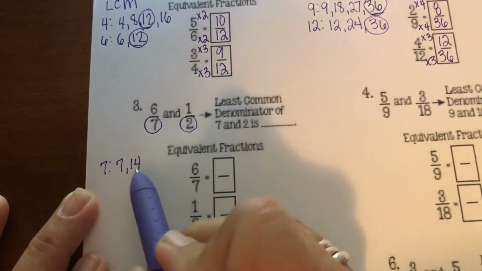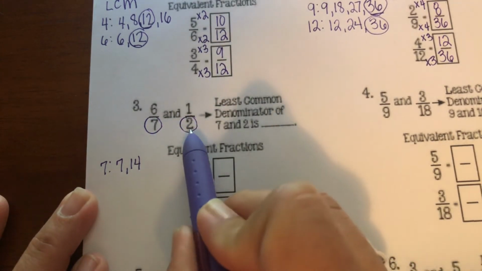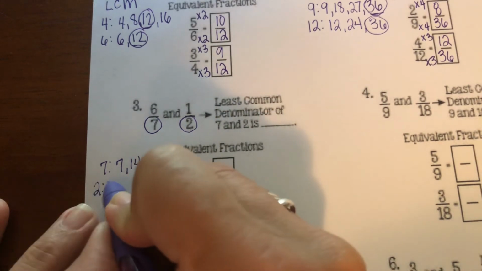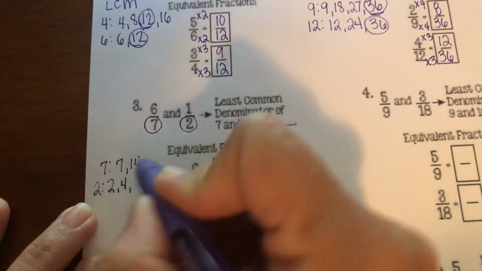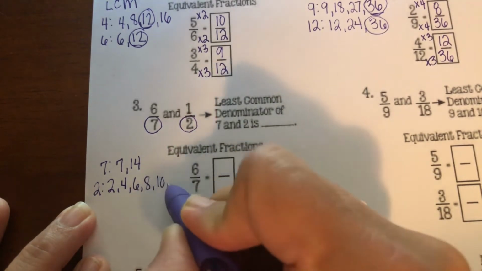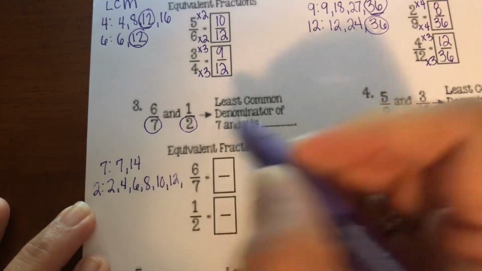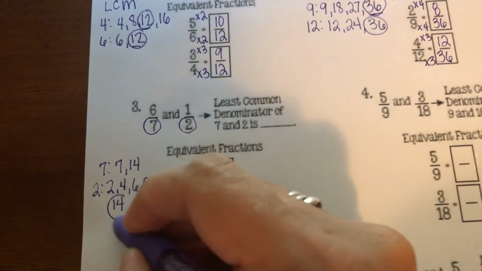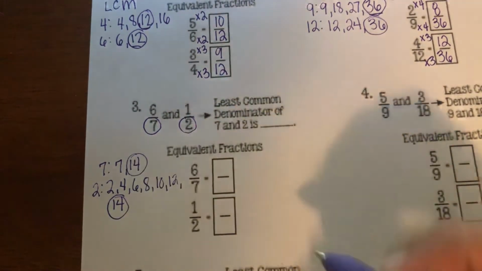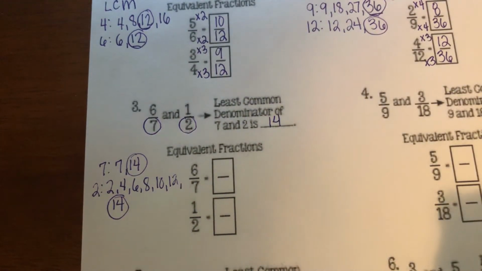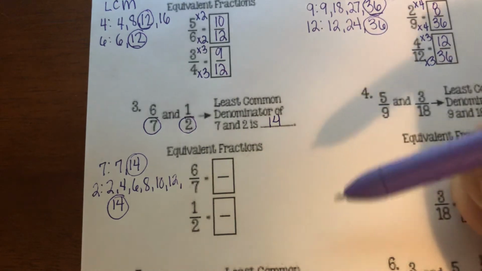Well, 14 is even, so I know it's got to be a multiple of 2, which is true because we would have 2, 4, 6, 8, 10, 12, and I'm running out of room, so 14 right here. So 14 would be our new common denominator. Our least common denominator is 14.